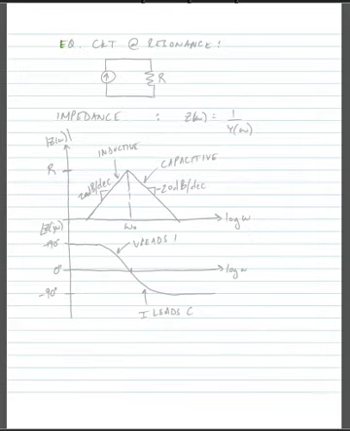So our equivalent circuit at resonance is just our original current source and our resistor.